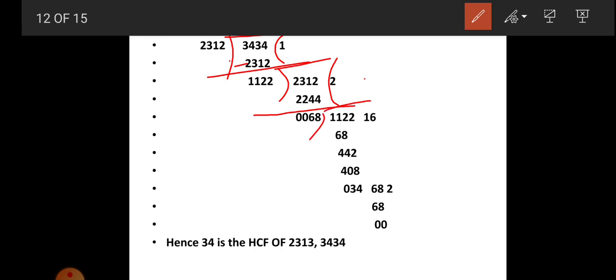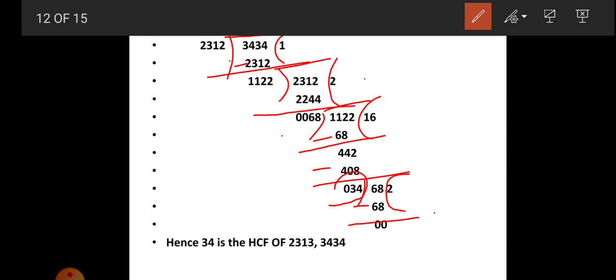Again divide this number. 68 ones are 68. Then 68 sixes are 408. Now 34 is the remainder. And that remainder again, 68 divided by 34. The answer is 34 twos are 68. And this 34 is the SCF of 2312 and 3434.